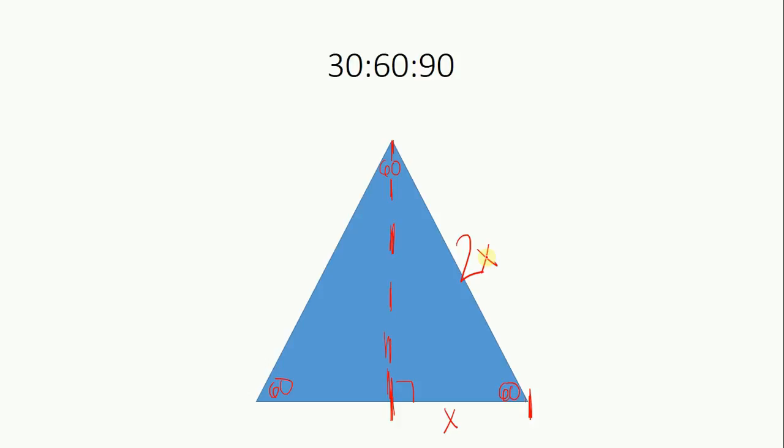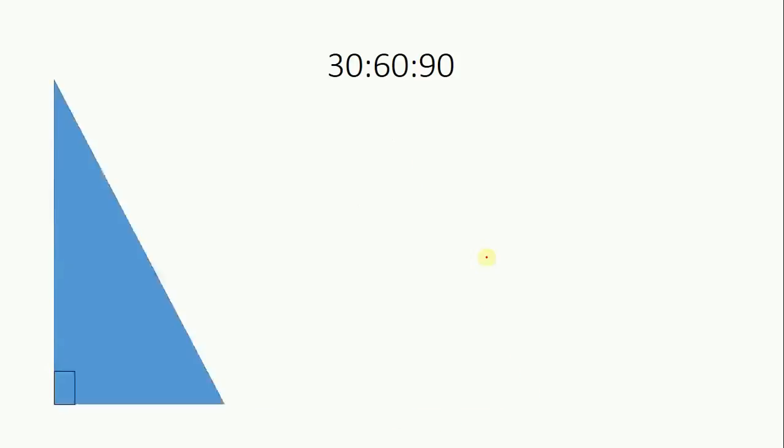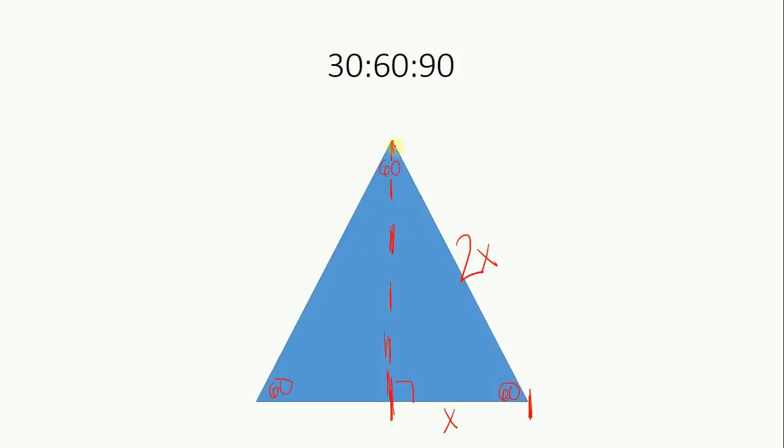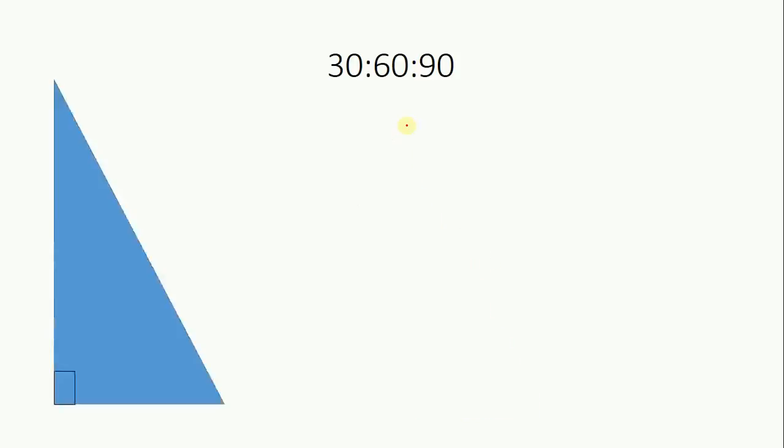Well, let's take that and move it and make a small triangle. We're going to take this little half of the big guy and move him down to the third square in our foldable. So let's label what we know. We know that's a 30, we know that's a 60.